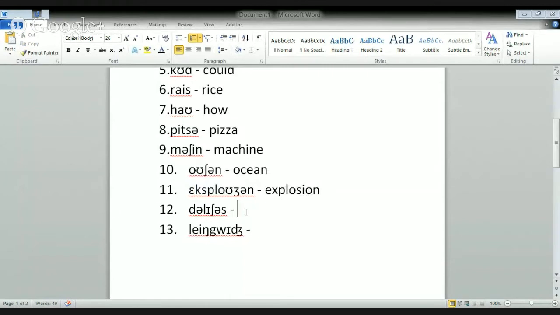So what about this word? Delicious. Right, and remember that because these vowels are very underpronounced, it's delicious. And then we have one final one.